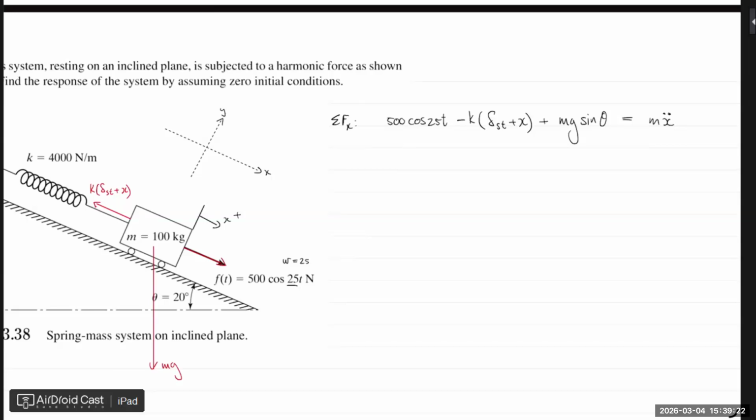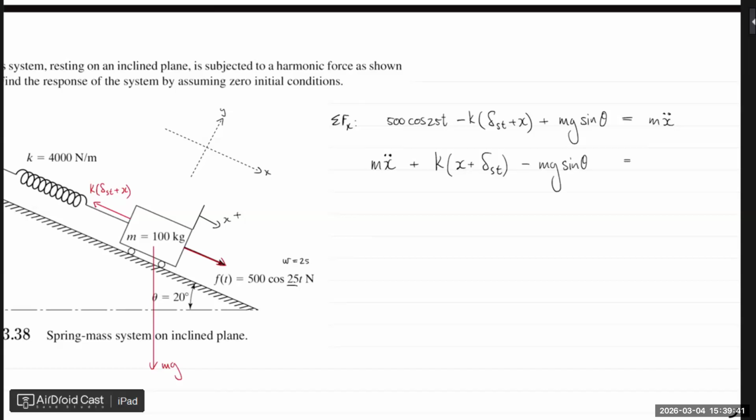So to just reshuffle all of this stuff, we will have m x double dot plus k(x plus delta st) minus mg sin theta.